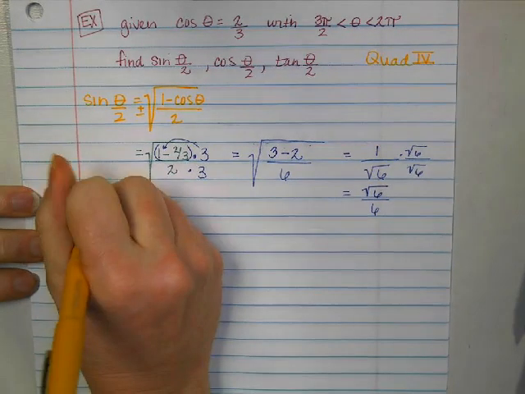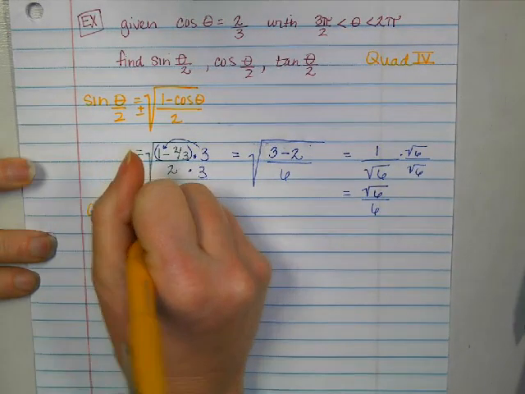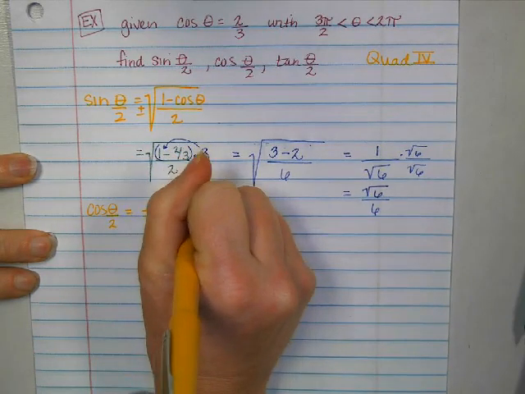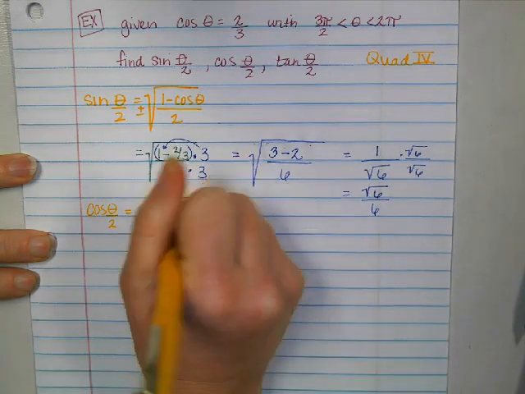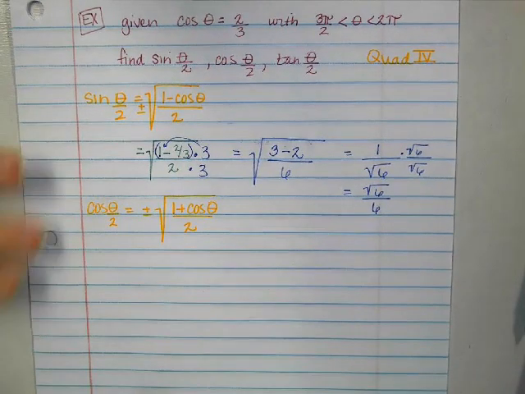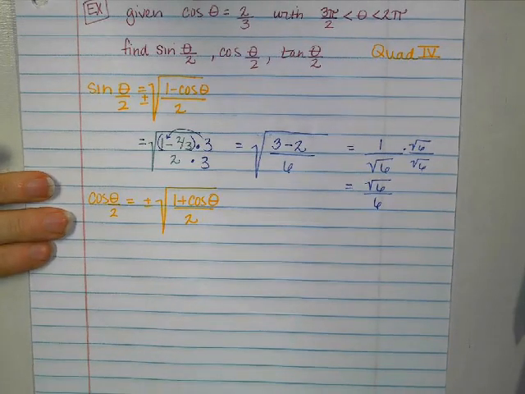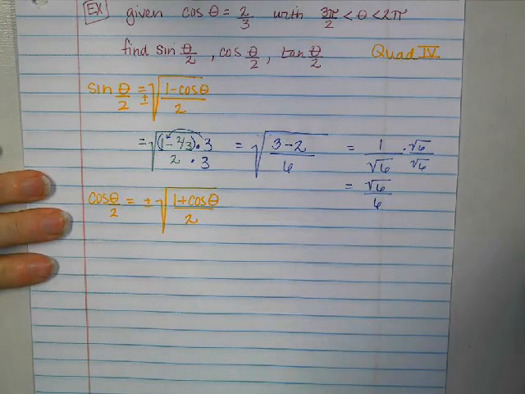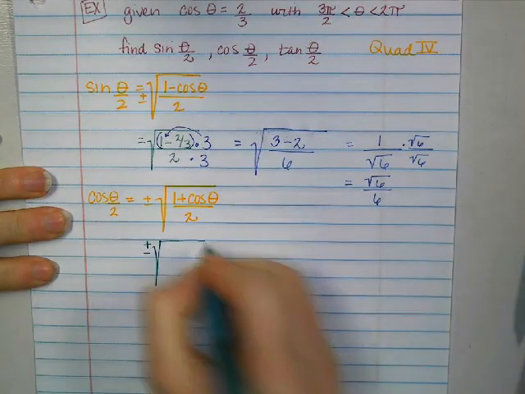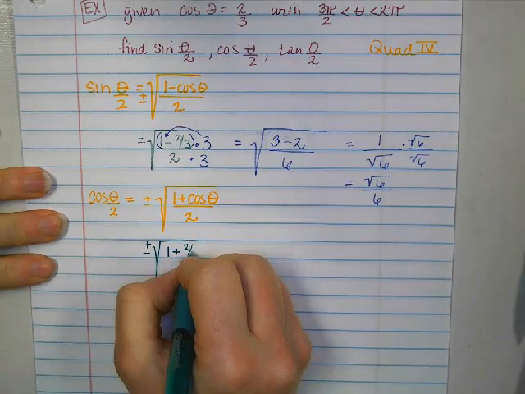For cosine, the cosine identity is the square root of (1 plus cosine theta) divided by 2. You're just plugging in. So 1 plus 2/3.